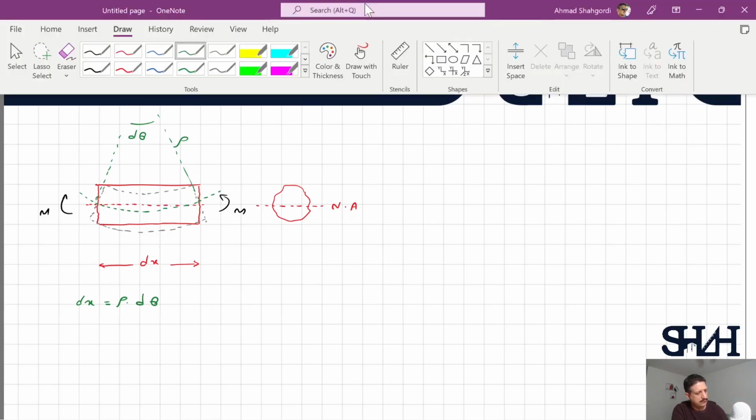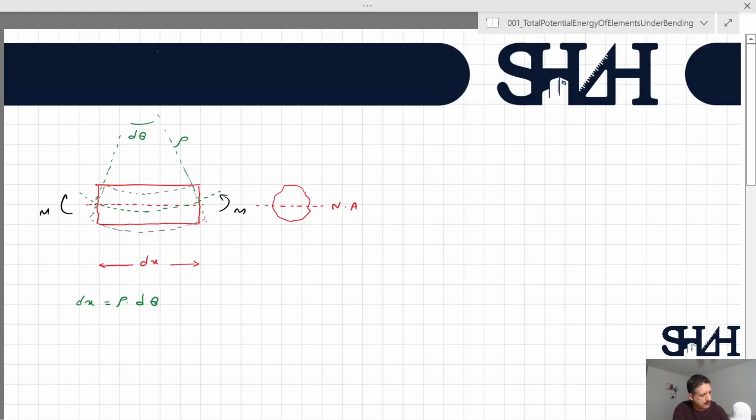Now, consider a section above the neutral axis, which is at a distance of y from the neutral axis. And I call this AB.